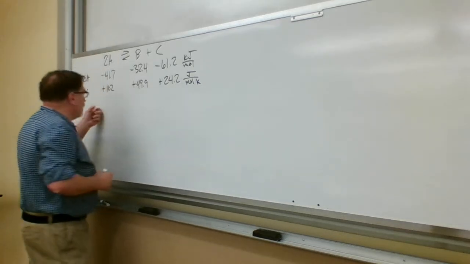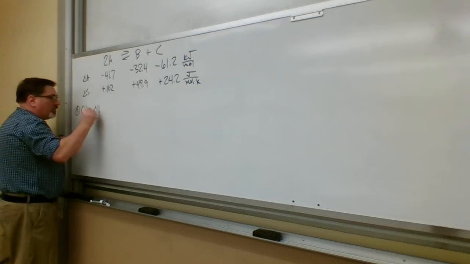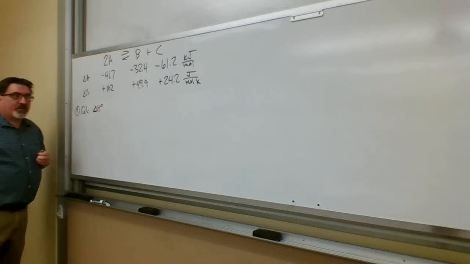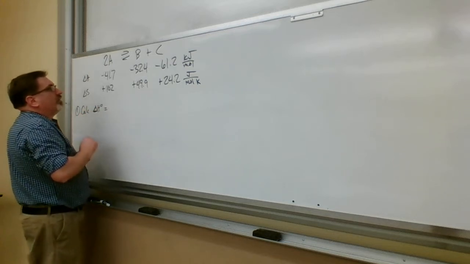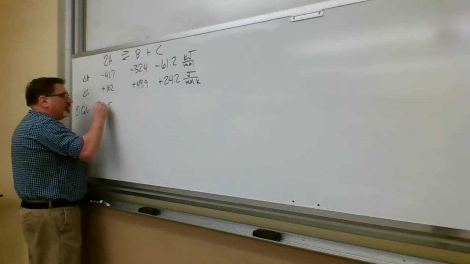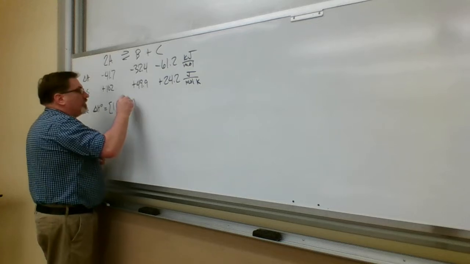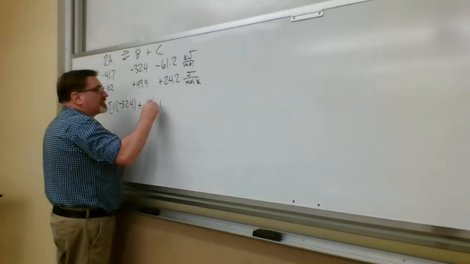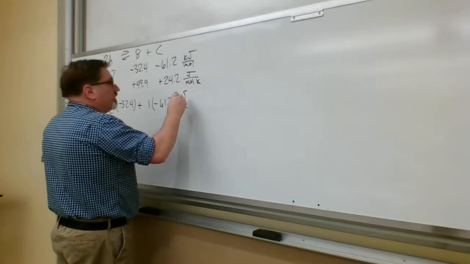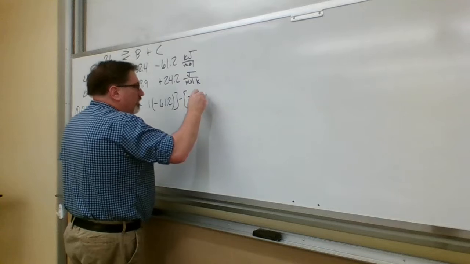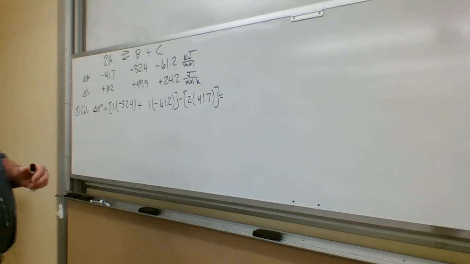And so for this one, we're going to calculate delta H at standard conditions. And we use our first row of information, right? So we plug all of our stuff in. It'll be 1 times minus 32.4 plus 1 times minus 61.2, and then minus the quantity 2 times minus 41.7. So we type that through.